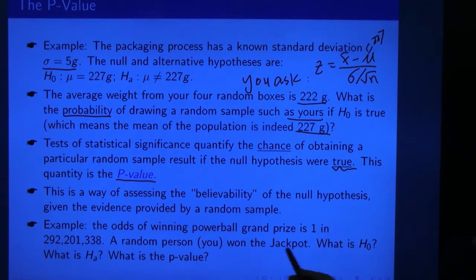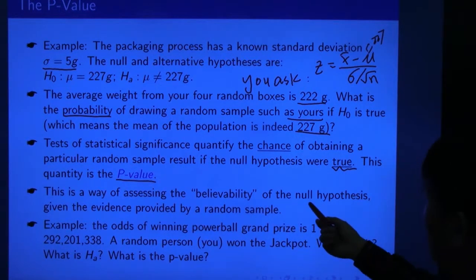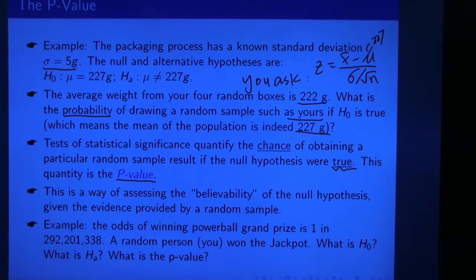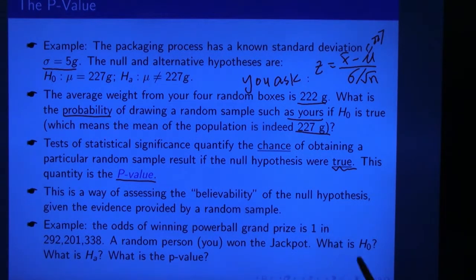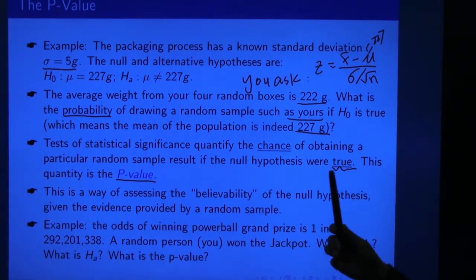So anyway, this p-value is used to quantify the believability of the null hypothesis. Because here, the sample mean of 222 is true. If the probability to get a sample like yours is very low, 1%, then where is the problem?